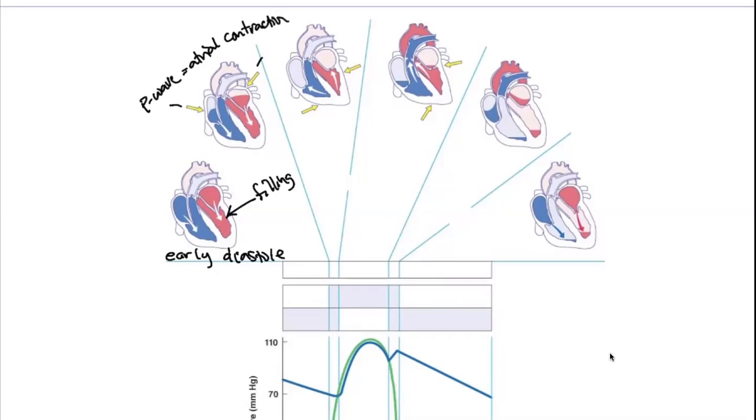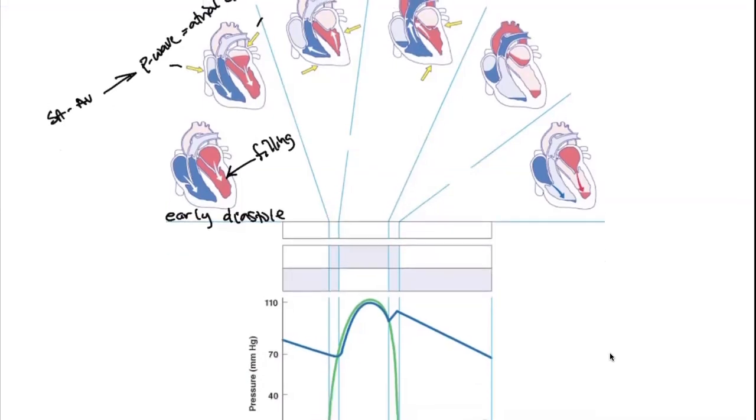Right, so the atria are contracting after depolarization. This follows the SA node traveling to the AV node, and you have this P wave during that electrical activity, which then follows contraction, so atrial contraction.